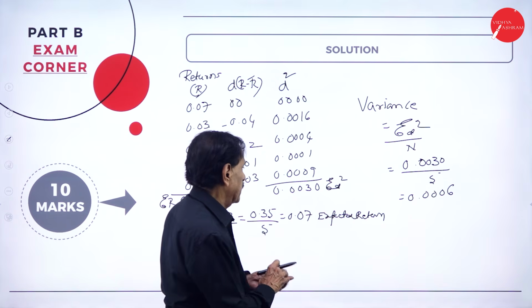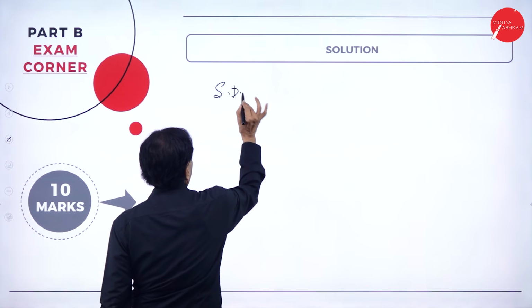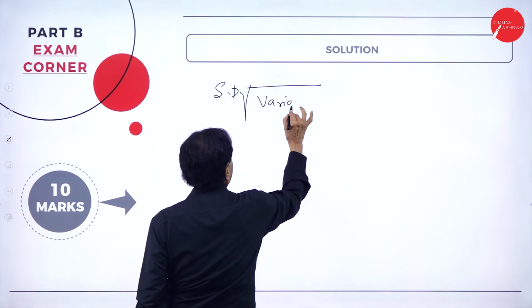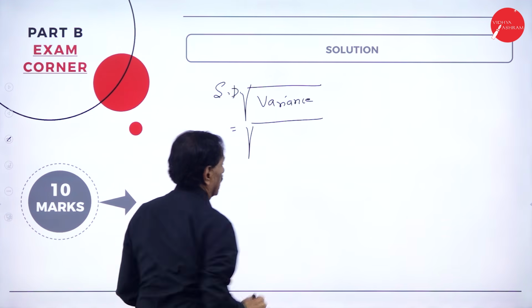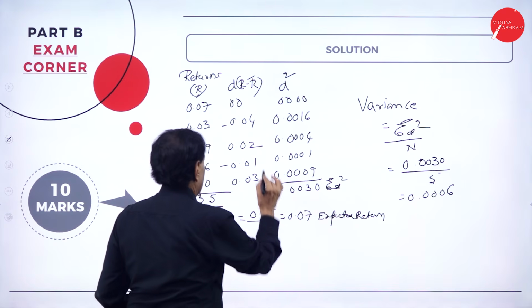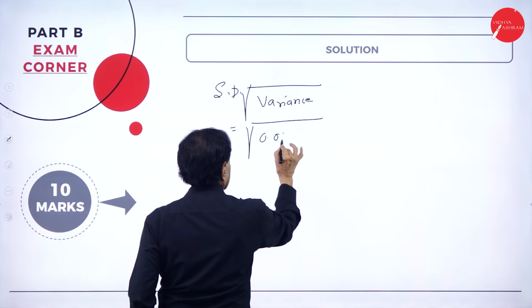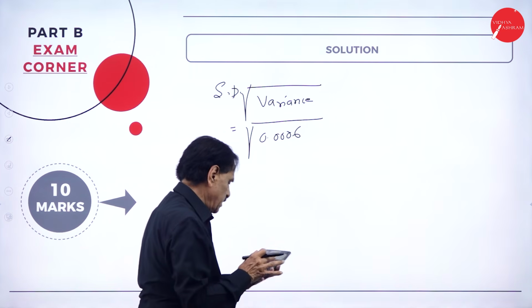Then standard deviation is equal to the root of variance, the root of 0.0006.